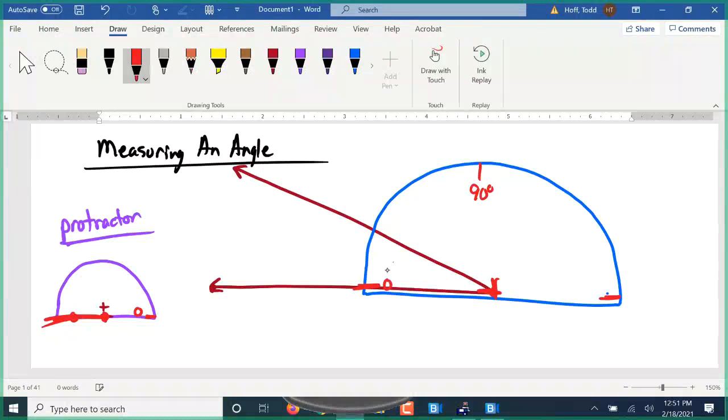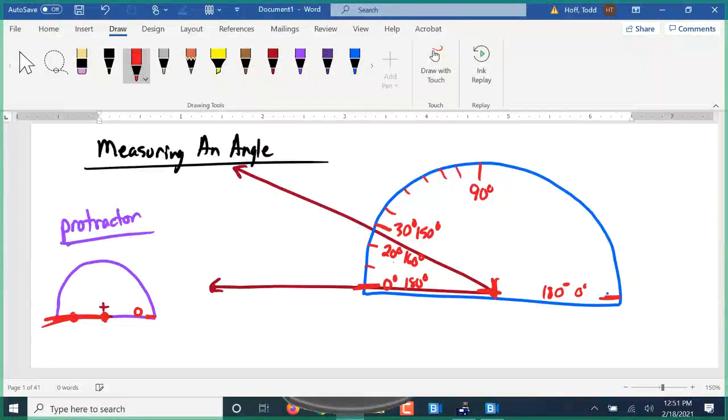This is going to be marked 0 and 180. And we'll talk about the difference there in just a second. So this mark here would be marked 30 and 150. This would be marked 20 and 160.